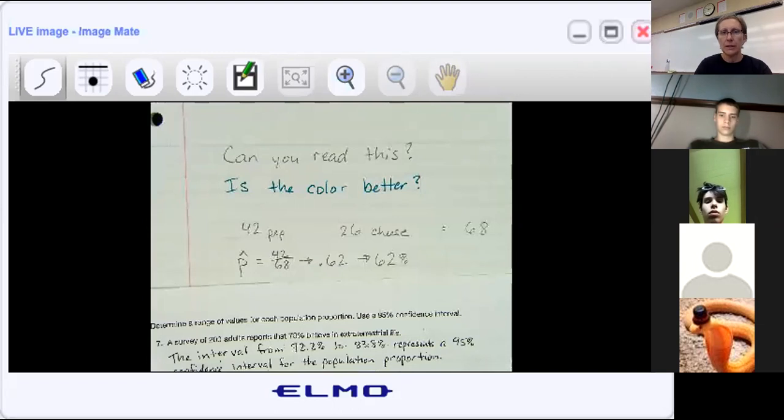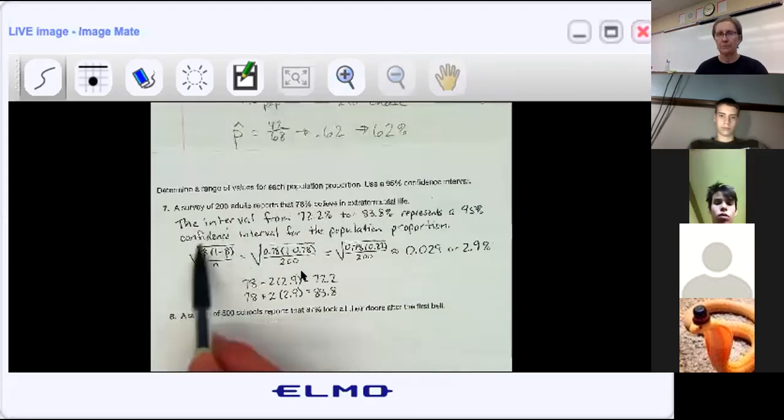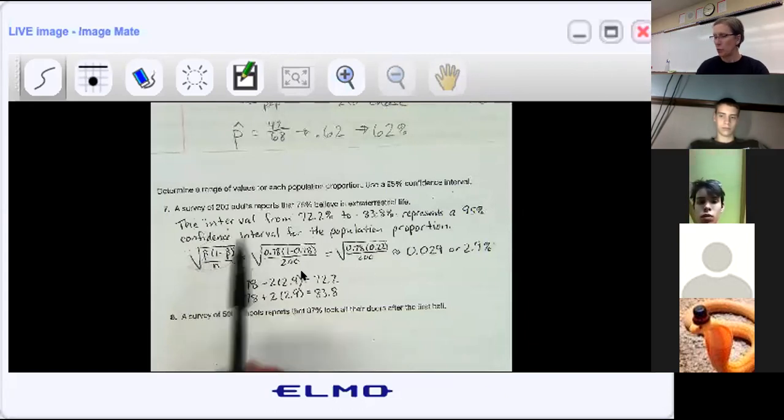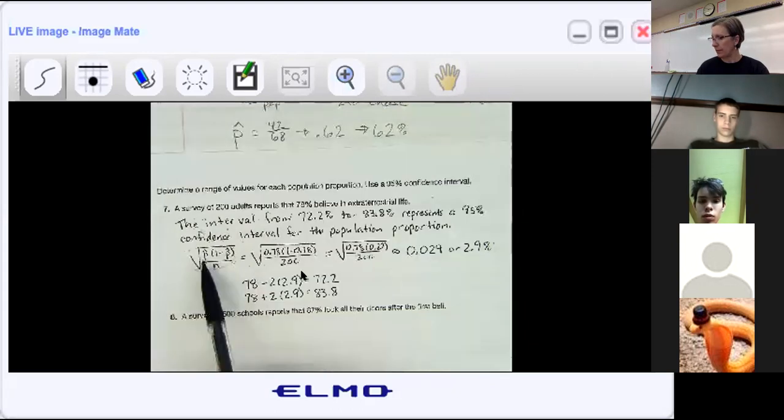Let's see, can you guys see when I'm pointing? Oh, you can't see the part I wanted you to see. Okay, so this formula right here is what you will use to find the standard deviation for the population. And so like Jordan's 0.62 that we had from his p-hat, that's what's going to go in for the p-hat right here.